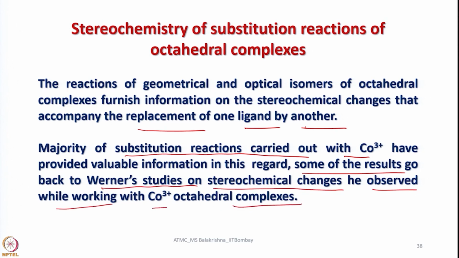Of course, he not only worked with cobalt 3 octahedral complexes or chromium 2 octahedral complexes, he also worked exclusively on platinum 2 complexes to understand the reaction mechanism of substitution reactions in square planar complexes. That also we studied when I was talking about Werner's concepts, and this identification and understanding of stereochemical consequences began with Werner's work once he proposed his excellent coordination theory.